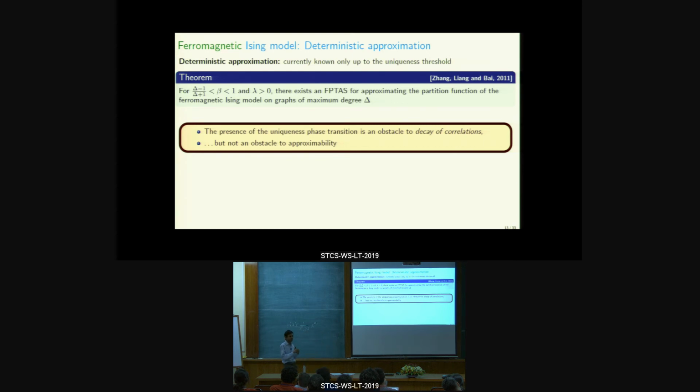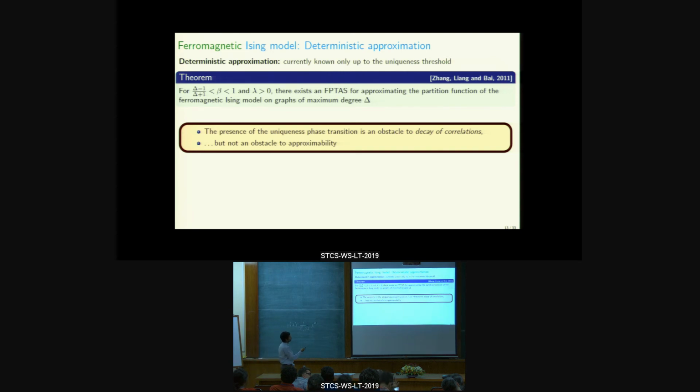Again, you can write down the correlation decay boundary. It looks something like this. So beta has to be close enough to 1. So the interactions have to be somehow weak. And there was a result which said that as long as you have that, you can do deterministic approximation without using Markov chain Monte Carlo, using this correlation decay based algorithm. But you cannot go beyond this transition. I mean, you don't know how to go beyond this transition.